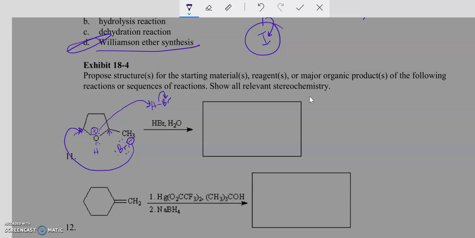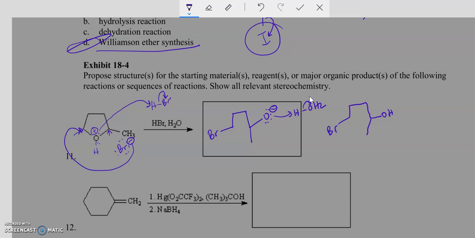So once you react with this bromine, you're going to get bromine attached to the carbon right there, the one attacked, 1, 2, 3, and the methyl will be pointing down, and I'm going to have the alkoxide, and then this is going to get a hydrogen from water. So you're going to have an alcohol. So you have bromine, this, and OH.